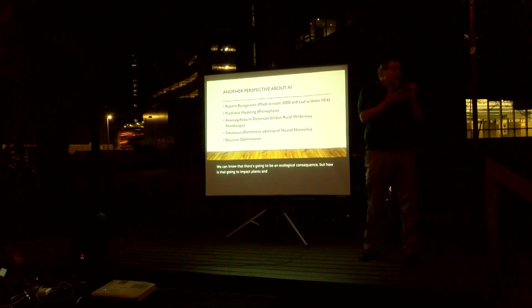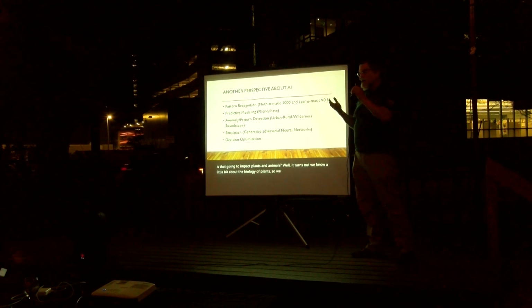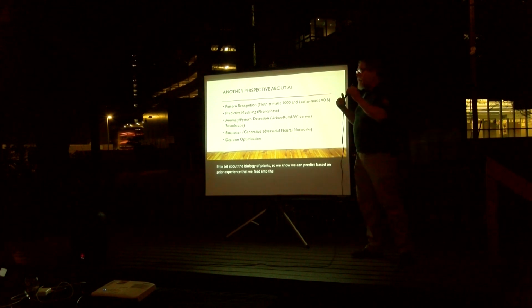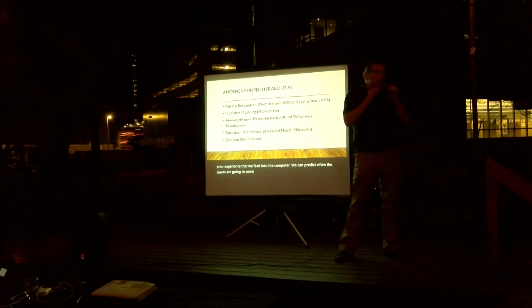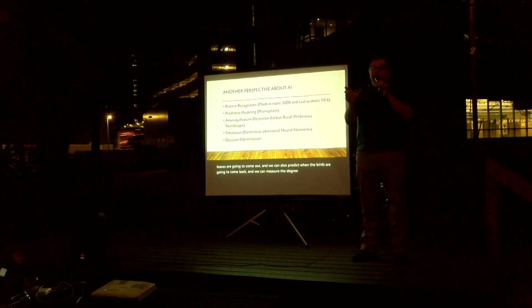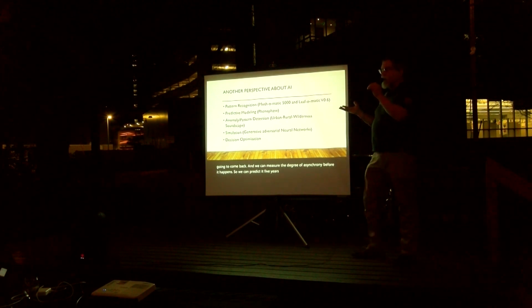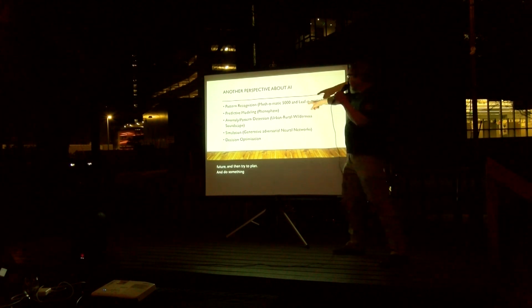Well, it turns out we know a little bit about the biology of plants, so we can predict, based on prior experience, if we feed it to the computer, when the leaves are going to come out. And we can also predict when the birds are going to come back. And we can measure the degree of asynchrony before it happens. So we can predict it 5 years in the future or 20 years in the future, and then try to plan and do something else. So that's predictive modeling.